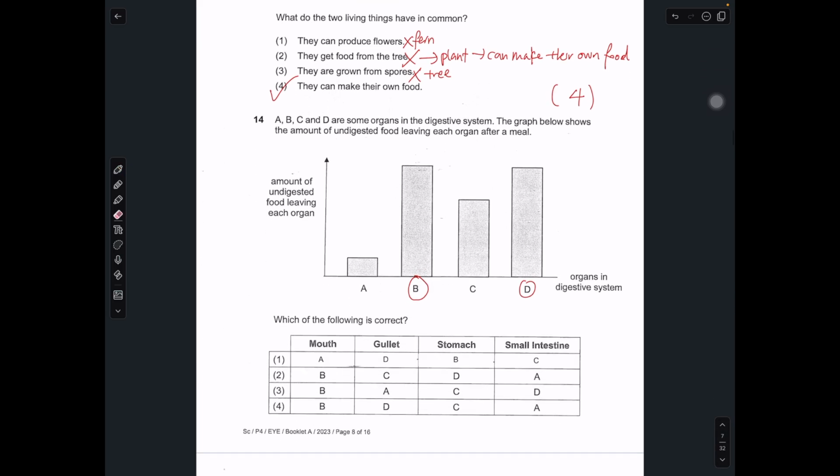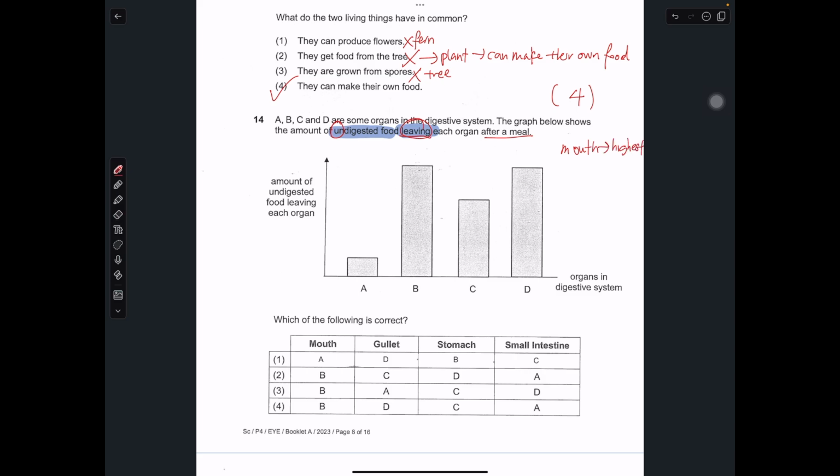Okay. So A, B, C are some organs in the digestive system. The graph below shows the amount of undigested food leaving each organ. So this is about leaving, that means not entering but leaving. This is a key part you need to take note of, and I want undigested food. Normally, when it's at the mouth, the undigested food will be the highest.